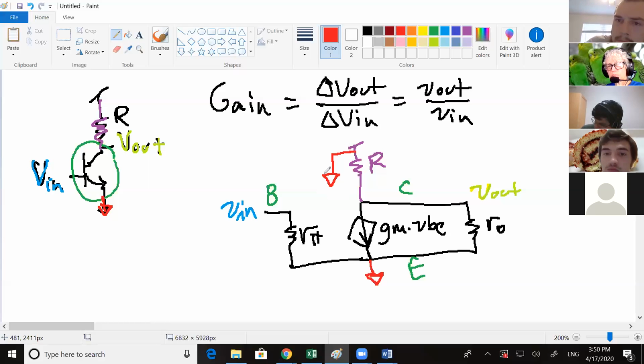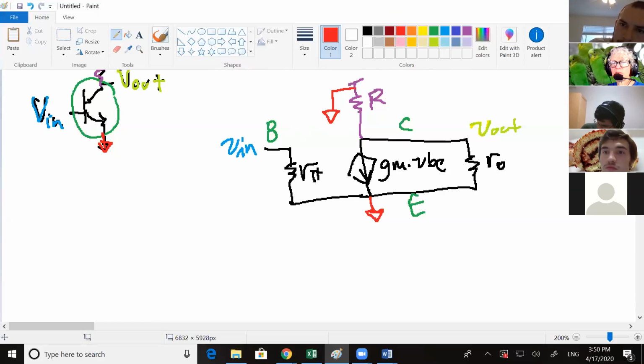Okay, so we've done all the preliminary work now. A good next step after you've replaced the transistor with a small signal model is to see if there's anything you can, I call it prettification, and it's actually a word, I looked it up. If you can get rid of a branch somehow, it'll mean less work for you.